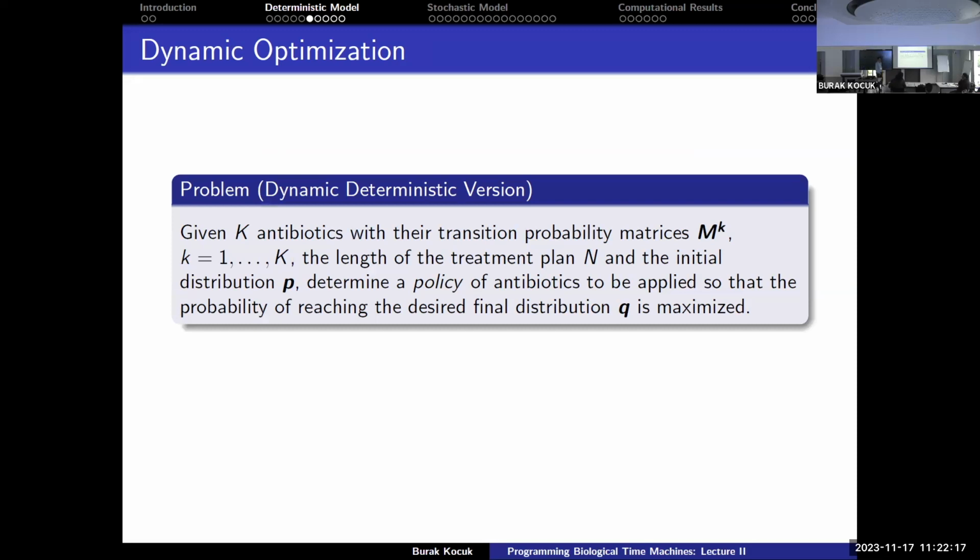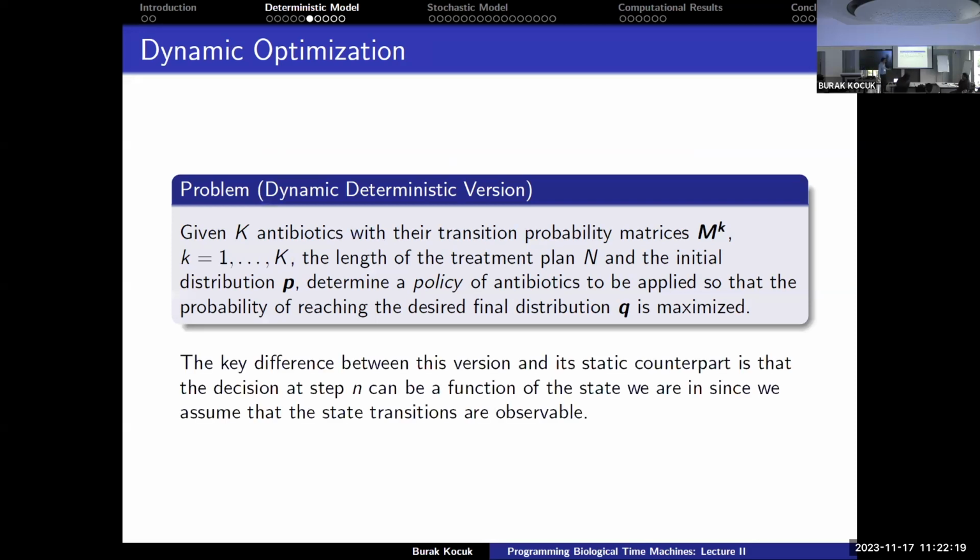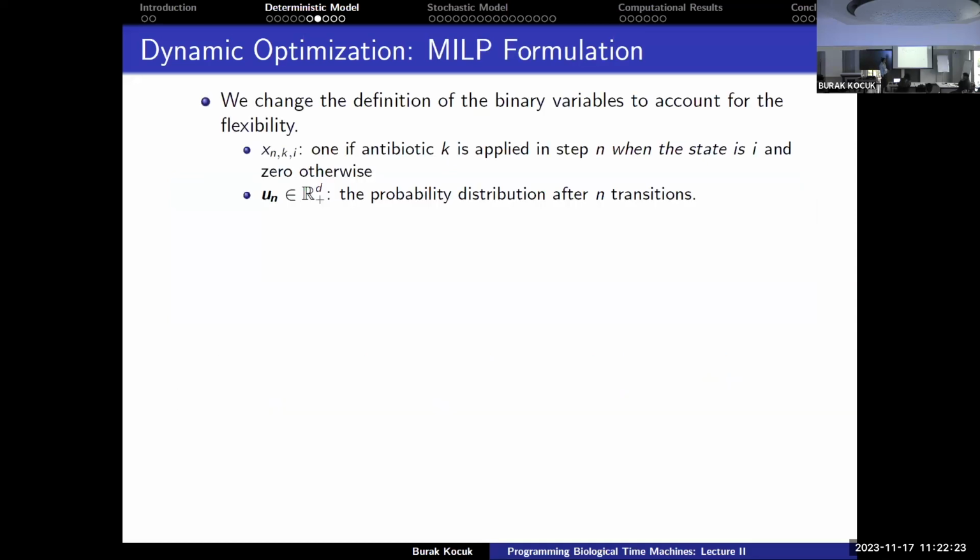It's a tool we learned, so maybe there's a way we can. Okay, let me translate the dynamic problem to a mixed integer linear problem. But observe one major difference. Since we are in the dynamic version now, the decision variable will have one more input.